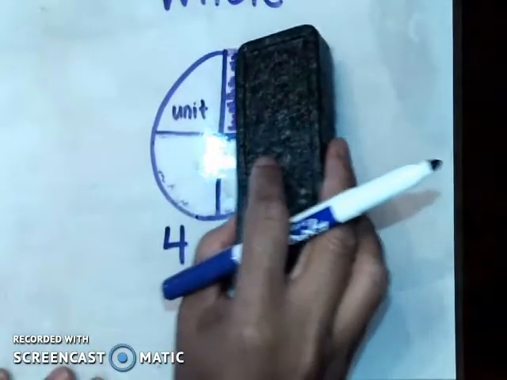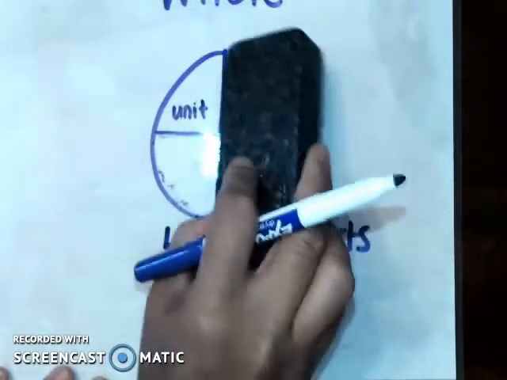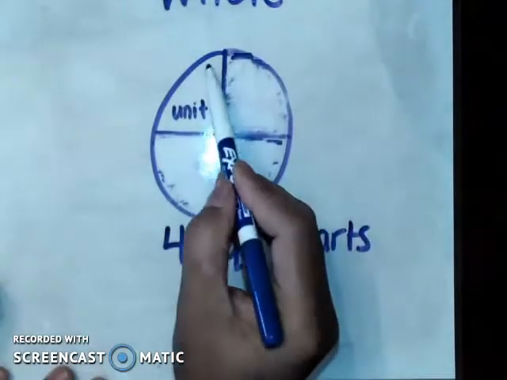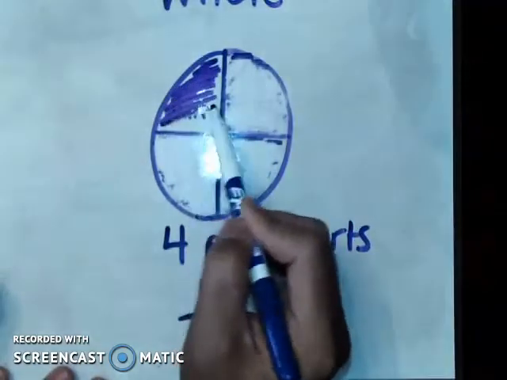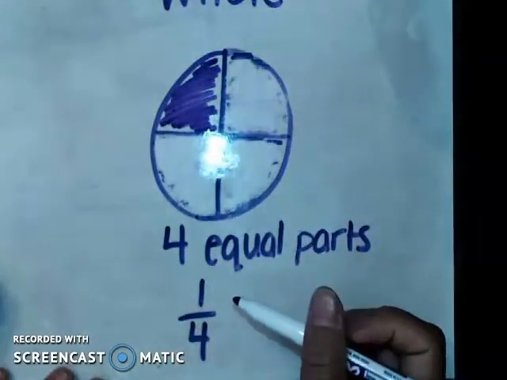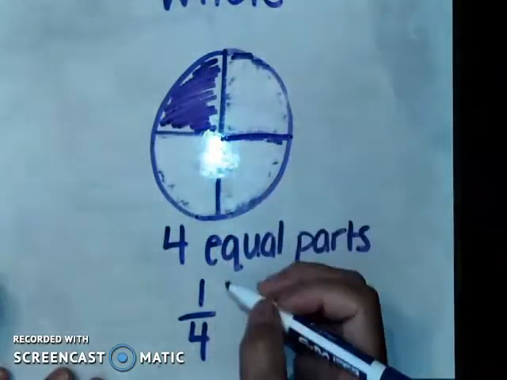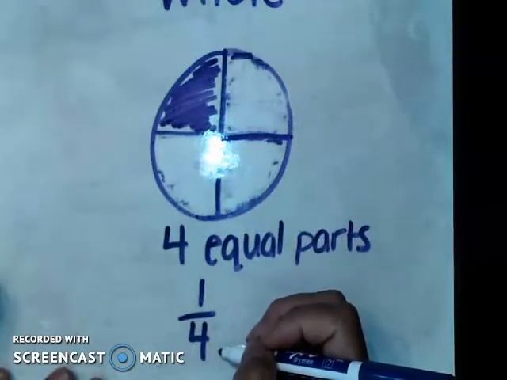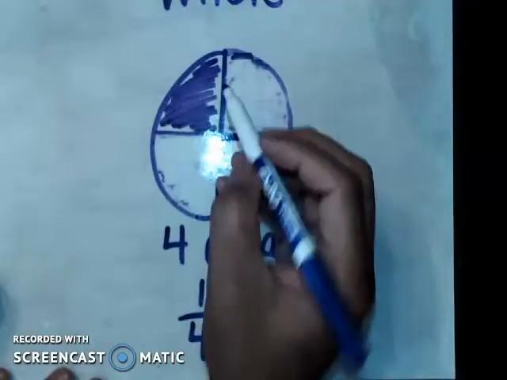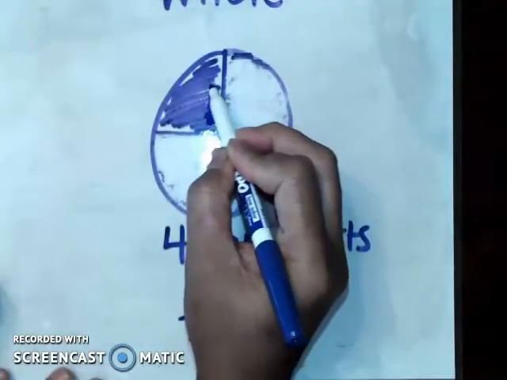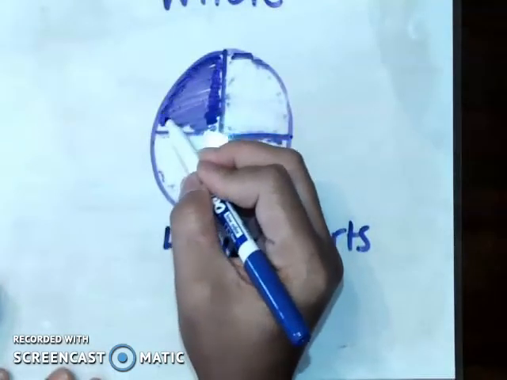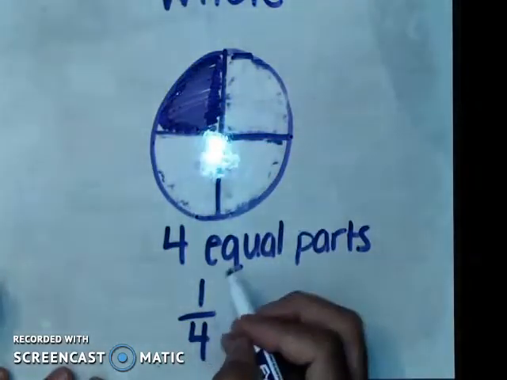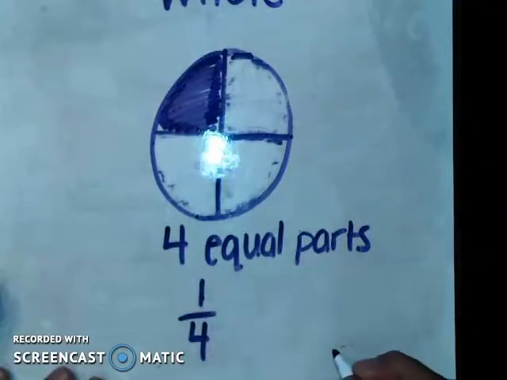Or you could have shaded, I think you guys know where I'm going with this, right? You could have shaded this unit in, and it would still be 1/4. The 1 above that 4 equal parts shows the number of units we are looking at. So because I've shaded or colored in this one unit, I'm only looking at 1/4 of this circle. 1/4.